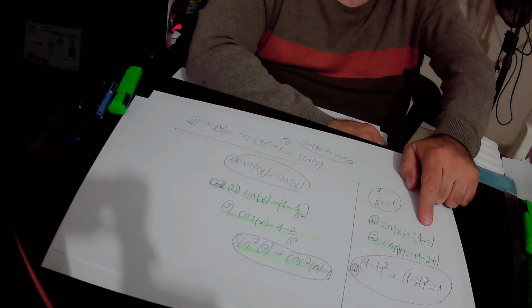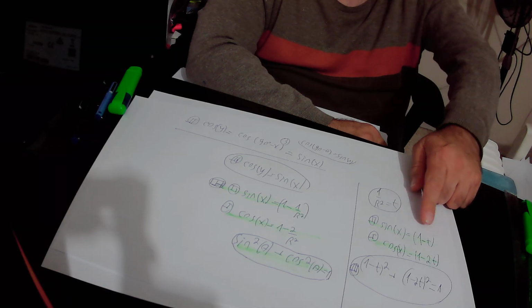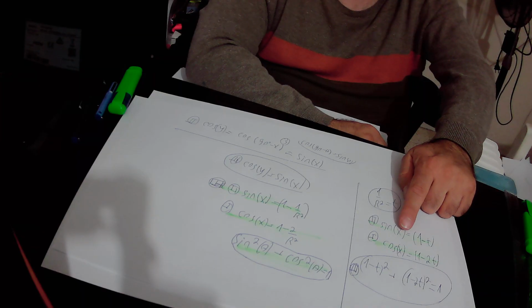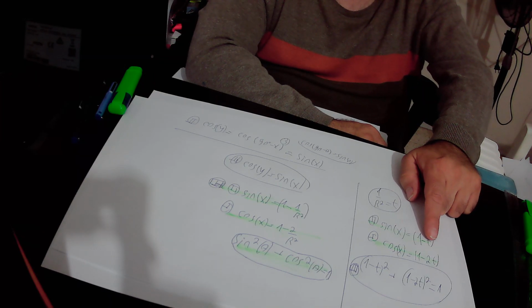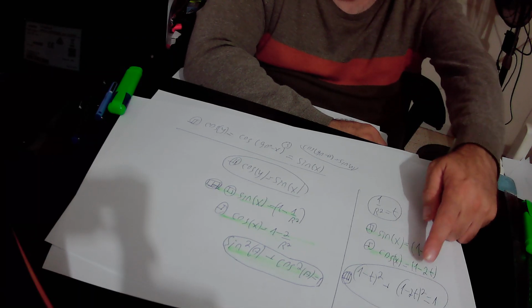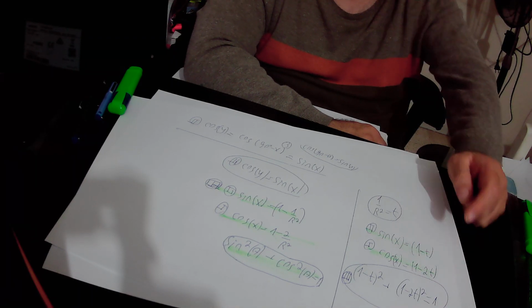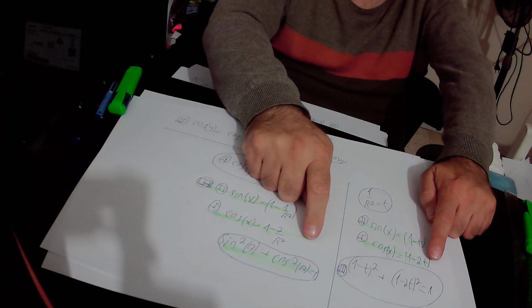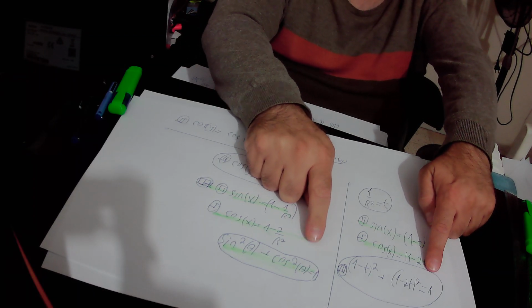Therefore, sine squared x equals 1 minus t squared. Cosine x equals 1 minus 2t. So cosine squared x equals 1 minus 2t squared. And according to the trigonometric identity, they must add up to 1.